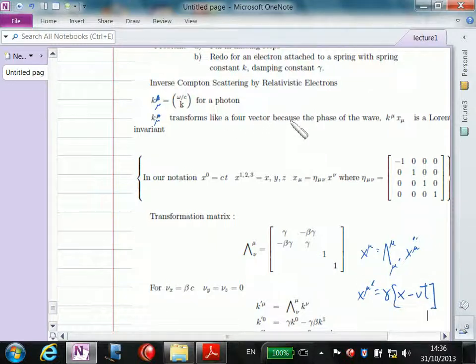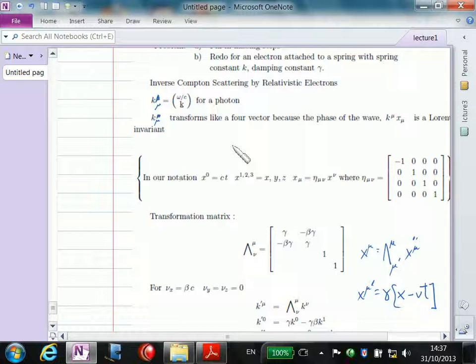But the only way to keep the signs straight that I can see in special relativity is to work out a simple example in your head. Like if x is moving this way in the lab frame, and let's say this is the positive x direction, so it's moving this way.